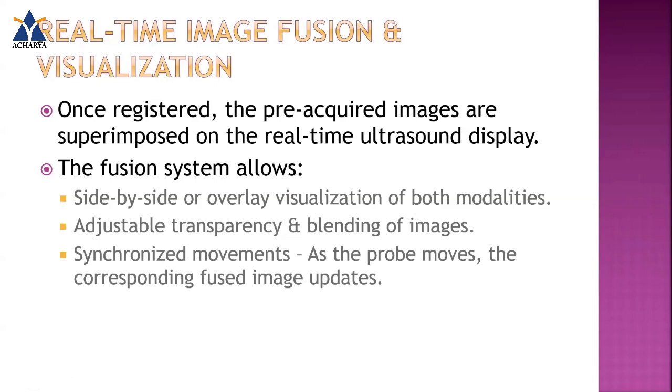Second, we register, which means we track the area where the particular image was taken. Third, we fuse that image from CT, MRI, SPECT, or some other modality with the same area of the image we are taking by ultrasound. So that is the third step.